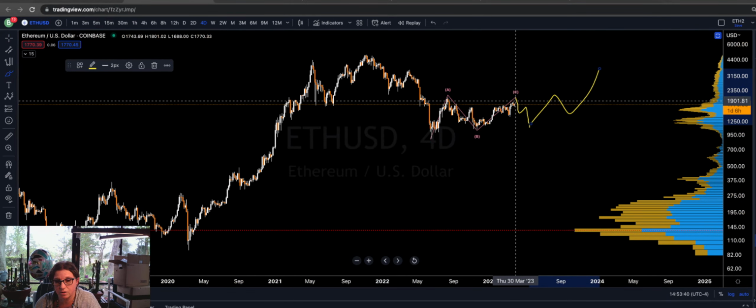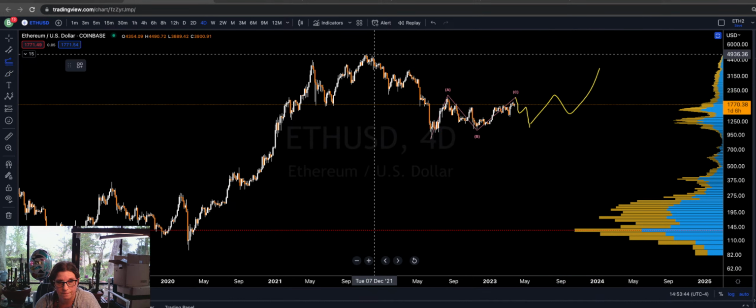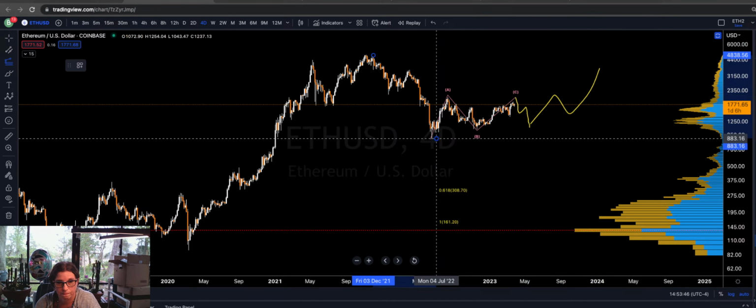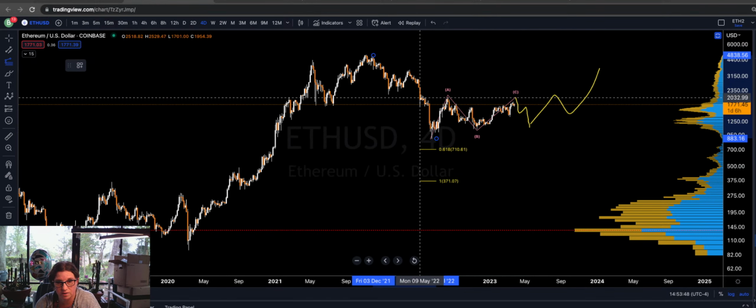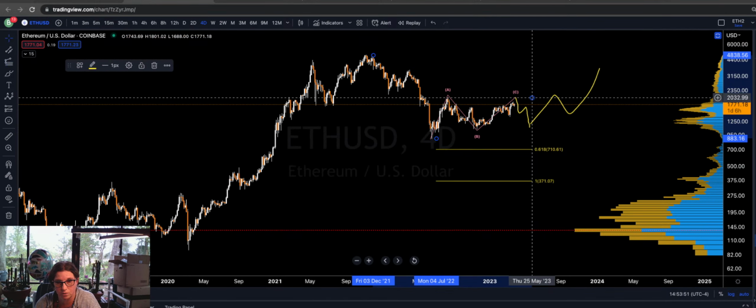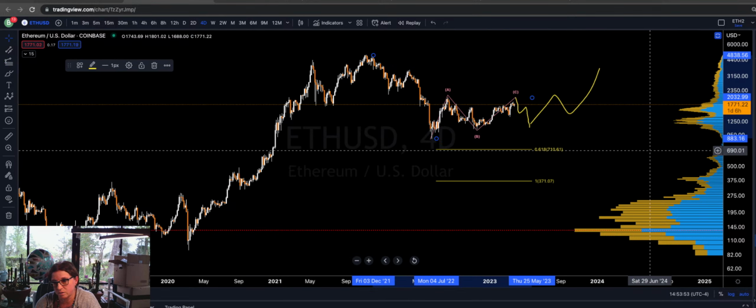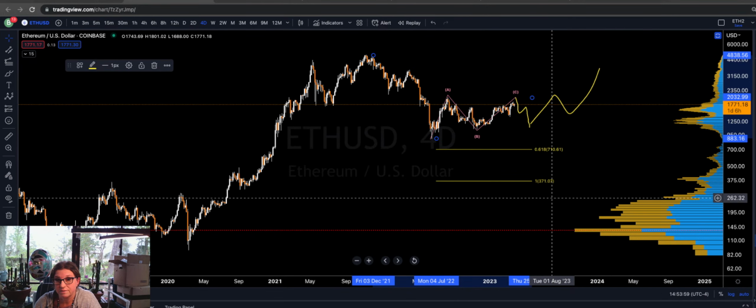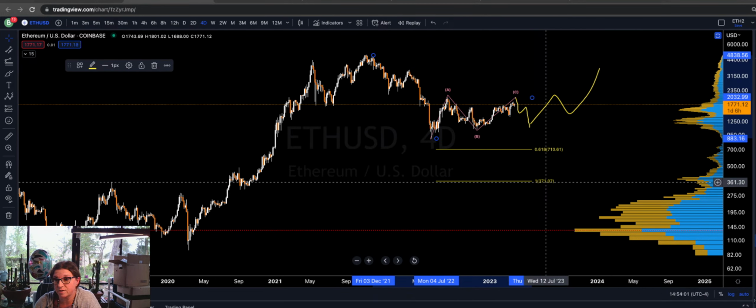If ETH is almost done here with its bear market rally, and we'll say that it's going to come up a little bit more too, look at where its 1-to-1 is. That's going to make a lot of people very sad.